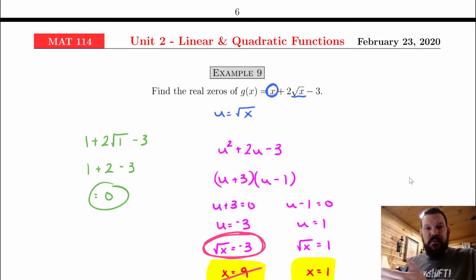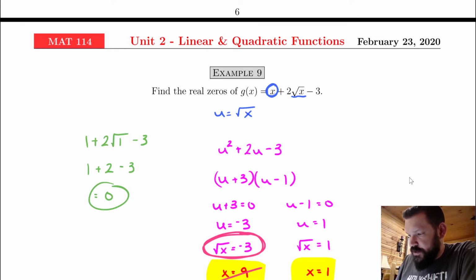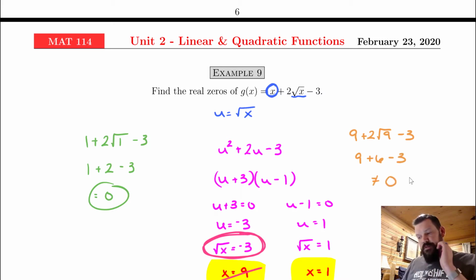If you don't believe me about 9, we can check that as well. 9 plus 2 radical 9 minus 3 is going to give us 9 plus 6 minus 3, which does not equal 0. So that's how we know, simply by the simple fact that we cannot take the square root of a number and get a negative solution. So we know that x equals 9 is extraneous. The only possible solution is going to be x is equal to 1.